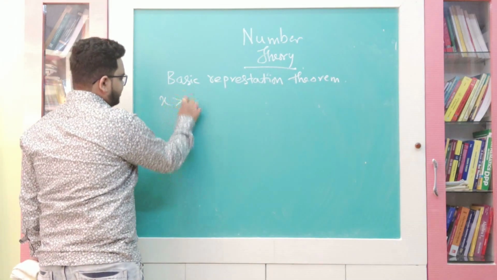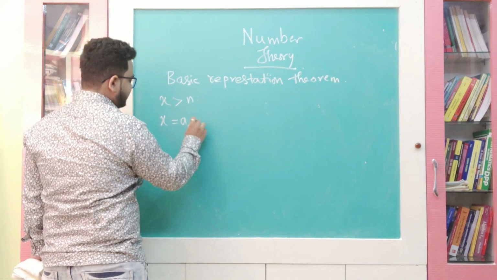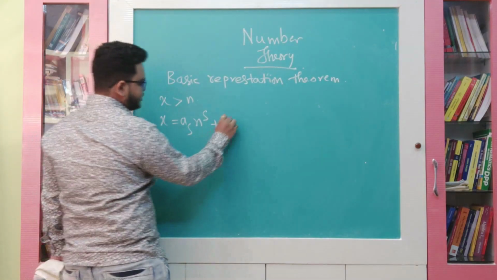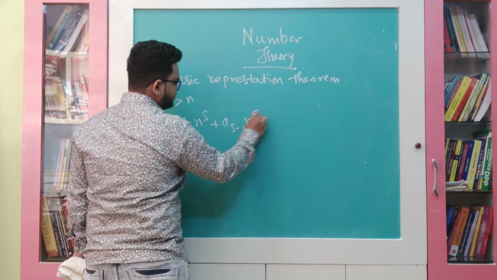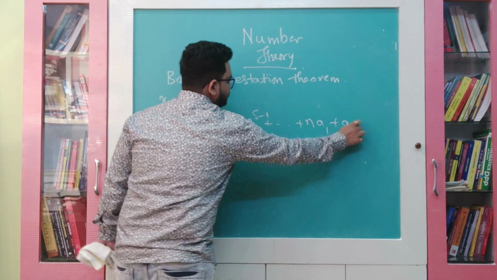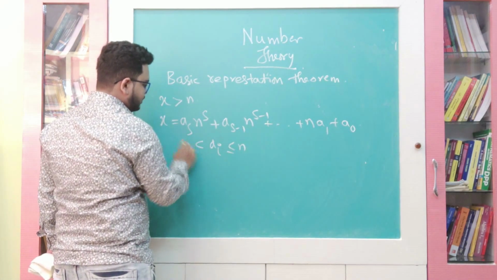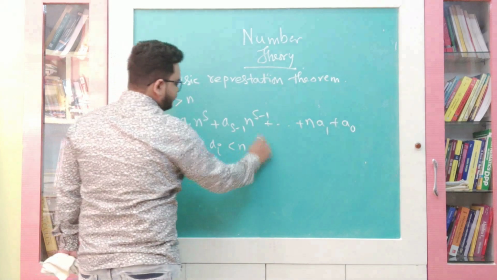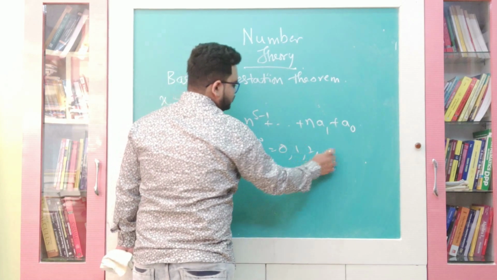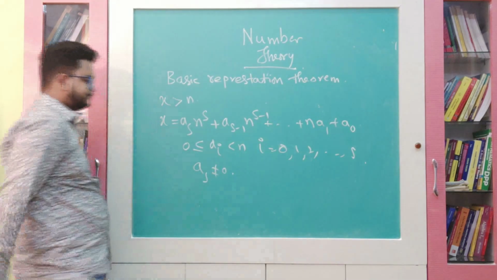An integer x greater than n can be written uniquely as the expansion of a_{s-1} n^{s-1} plus ... plus a_1 n plus a_0, where a_i is at least 0 and less than n, for i equals 0, 1, 2, ..., s, where a_s is not equal to 0.